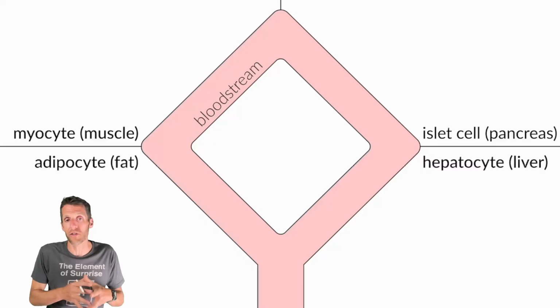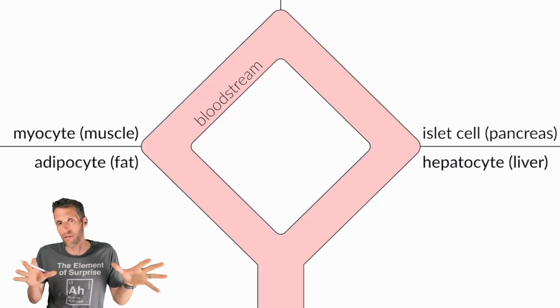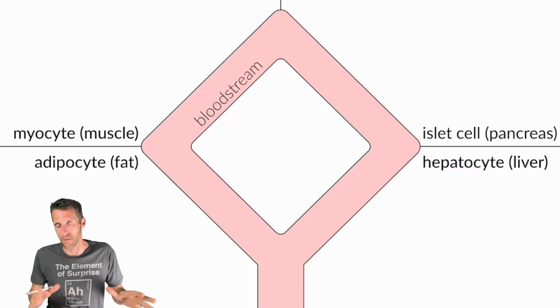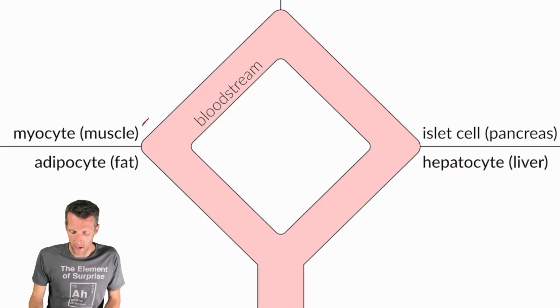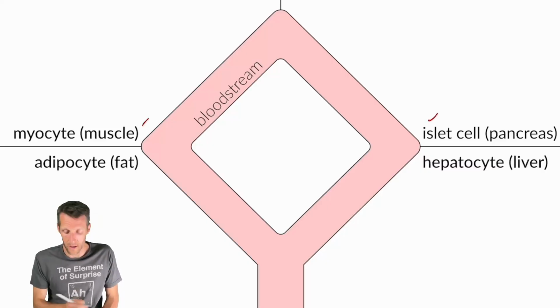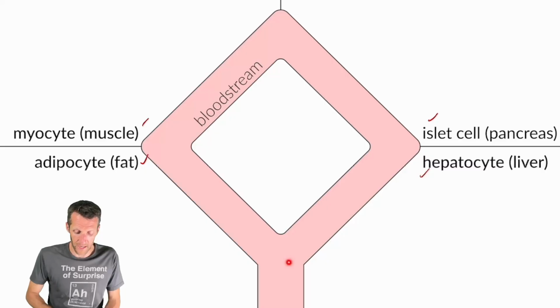But for the moment, I'm going to draw a very schematized version of our entire fuel system. It consists of muscle cells, myocytes, islet cells from the pancreas, hepatocytes in the liver, adipocytes, or fat cells. These are all connected to one another via the bloodstream, so things circulate in the bloodstream.